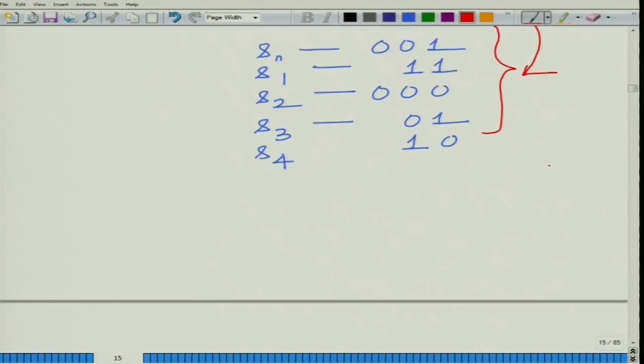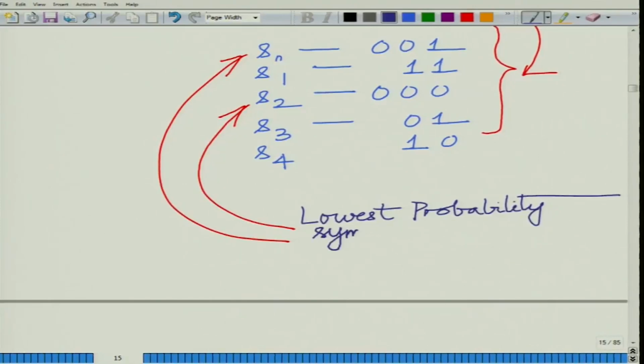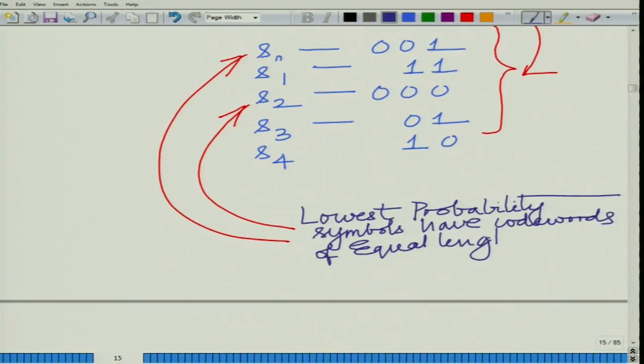And you can observe one interesting thing, which is a property of the Huffman code and is always true: the two lowest probability symbols have code words of equal length, okay.